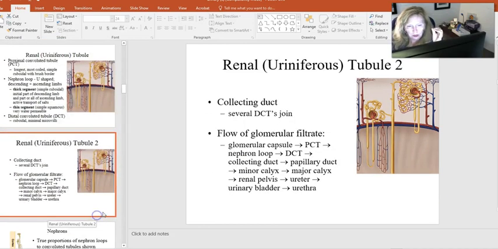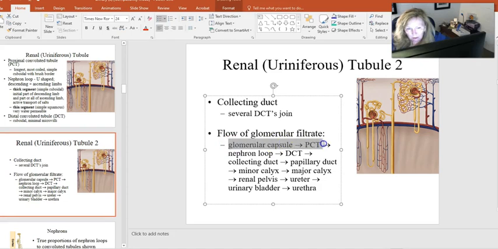But much reclaiming is actually happening. It's being reclaimed from the proximal tubule to the loop, to the distal tubule, to the collecting ducts, and even from all the way here until it can't, because the structures are too large and too thick for reclaiming to happen. Now you're in the papillary duct, the minor calyx, major calyx, which we saw, the pelvis, the ureter, the bladder, and the urethra until it's out.